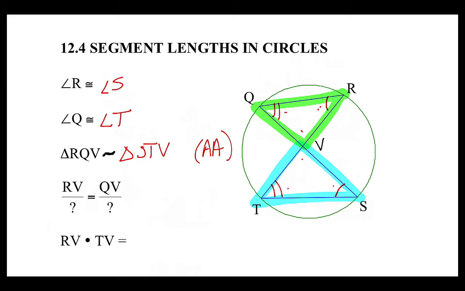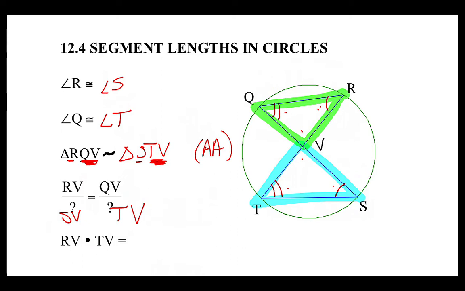Well, if I know that the two triangles are similar, I should be able to create proportions. That was the whole idea of similarity. So I'm going to create a proportion that says this. RV, which is the first and last letter, should be compared to the first and last letter or segment SV. Likewise, QV, which are the last two letters of the first triangle, should compare to the last two letters of the other triangle, which is TV.